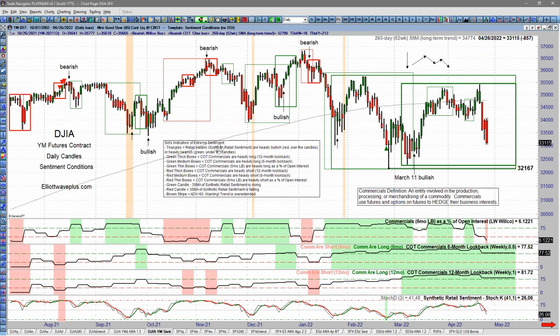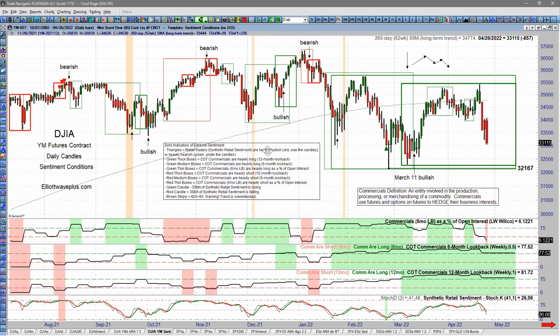And very few people have ever felt like they could use a sentiment template like this as an actual signal generator. I'm not going to say that it's that good, but it's close. I think what Larry Williams would say is, at this point right here, we had a thin red box, and we had a thick red box, and we had the DSI starting to slant down, and that created a red candle.